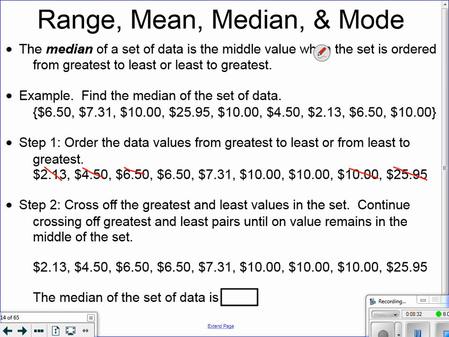Some people do prefer to count and figure out which one's the middle that way. But as you can see, when we cross them off here, we end up with the 731 in the middle. So the median of this data set is the $7.31.